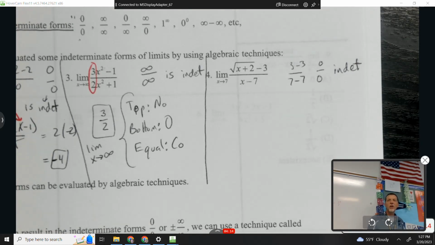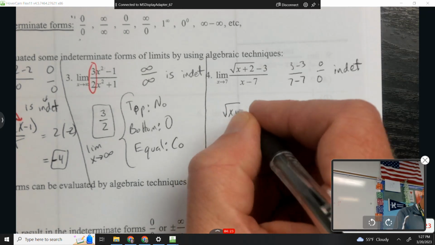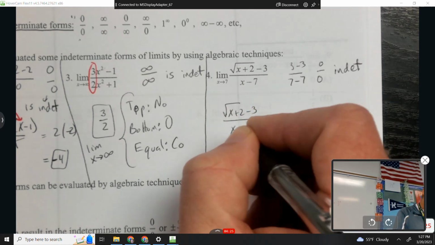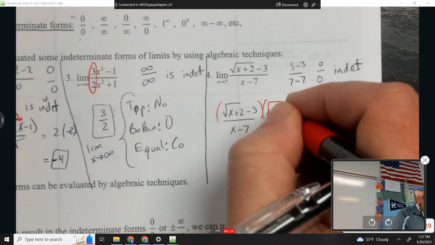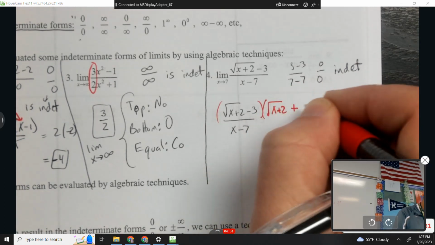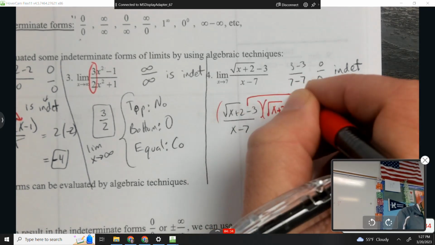This was long, long ago. Do you remember the algebra steps to fix that one? You would multiply by square root x plus 2 plus 3, the top and the bottom. So you multiply by the conjugate.